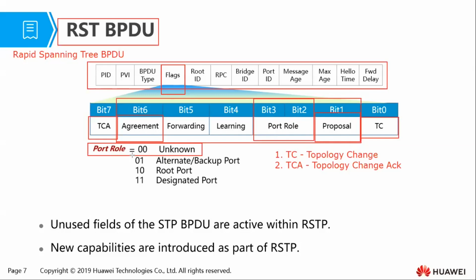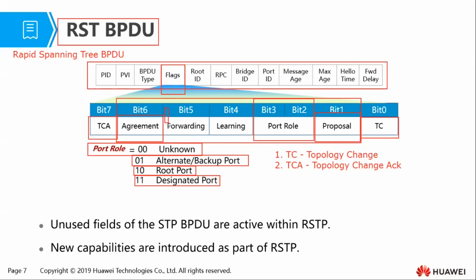When the port role is either alternate or backup, it will be 0, 1. When the port role is a root port, it will be 1, 0. And when the bits are 1, 1, it will be a designated port. So that is what that really is.